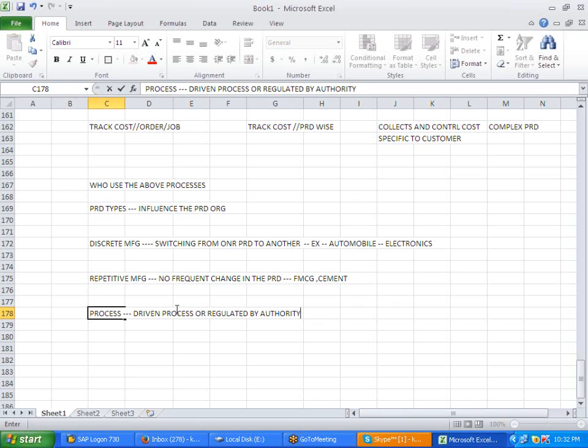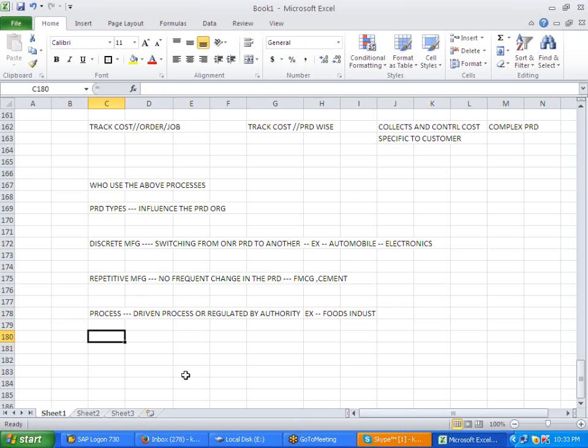Everything should be in order when you're doing a process, when you're manufacturing a biscuit or whatever it is. Certain ingredients mean only these ingredients have to be mixed. You cannot go above or below that, right? Examples of process industries: food industry, beverages, all this.